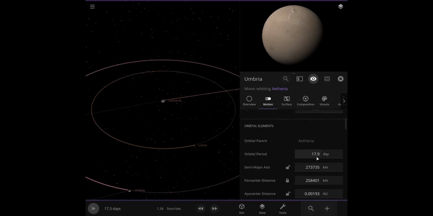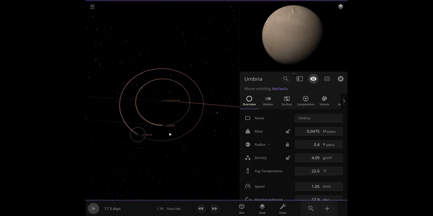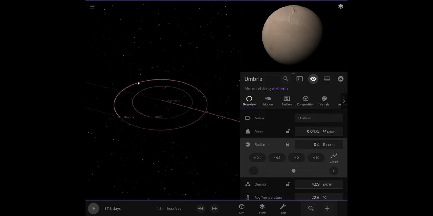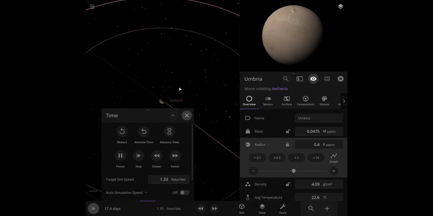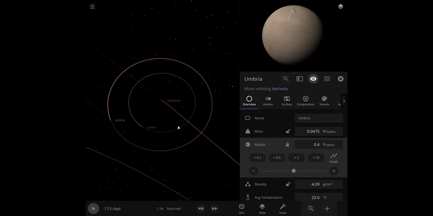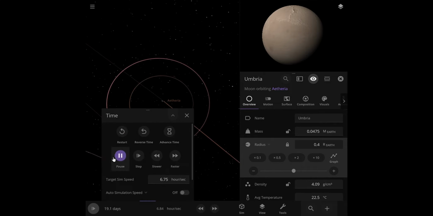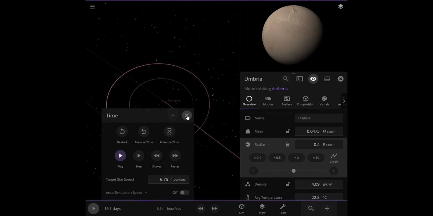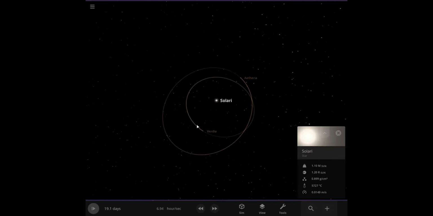Okay, so now we have Lumia and Umbria, both of which orbit Etheria, which means that if we press play, these should be perfectly fine. And it does appear to be that way, so now let's move on, see what other planets we have to do.